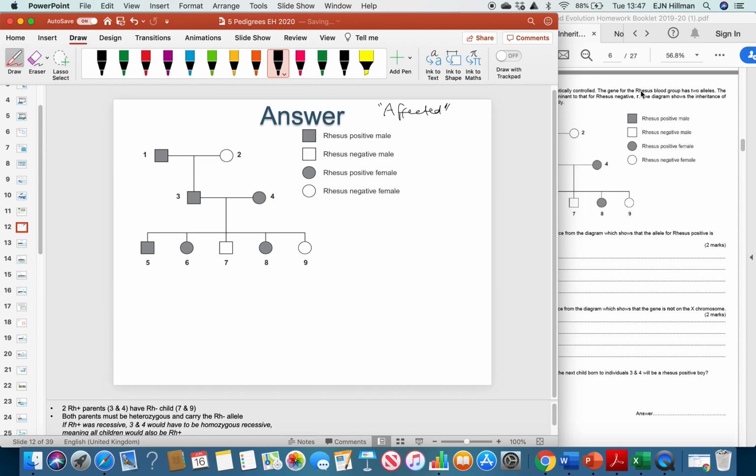I think I've said this previously, try to use the context from the actual stem of the question. So in this case, shaded in means that they are rhesus positive, which I might abbreviate, and not shaded in means that they are rhesus negative.